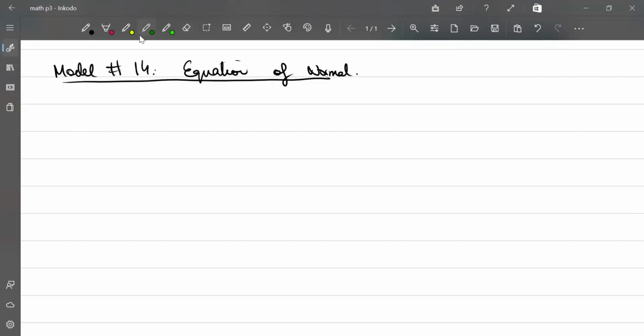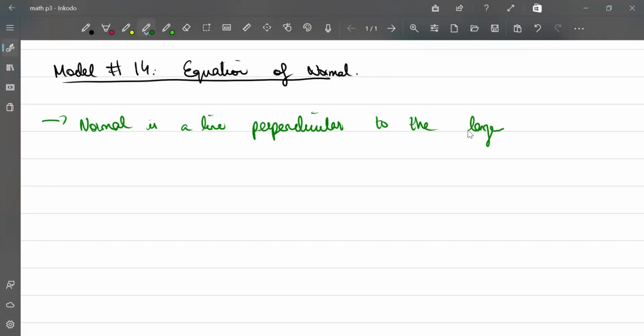So model number 14. What is a normal? A normal is a line perpendicular to the tangent at the point of tangency.